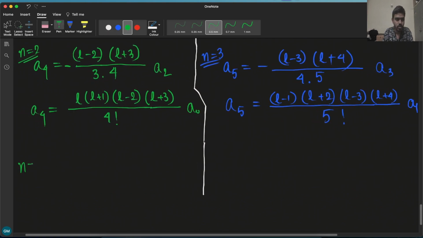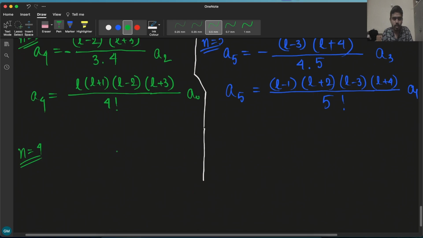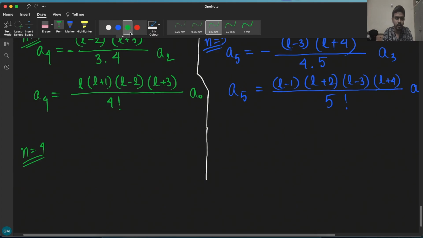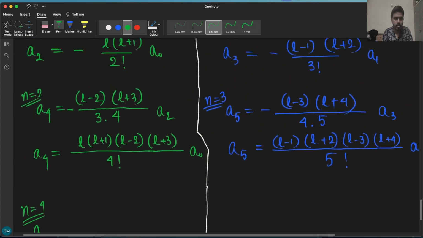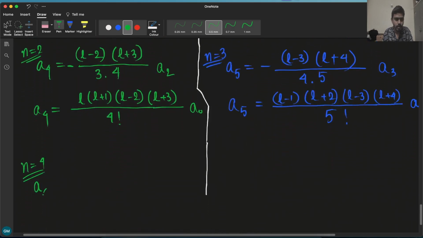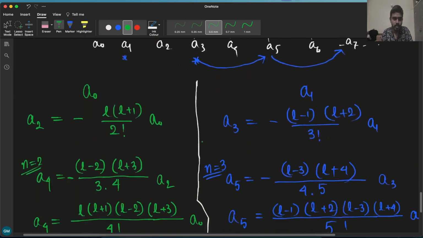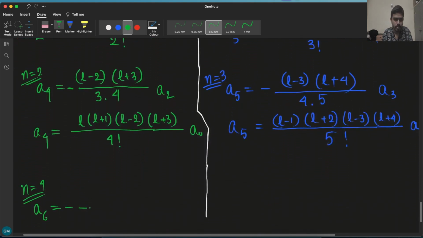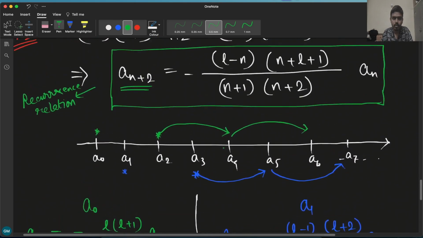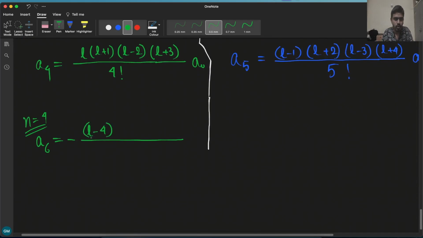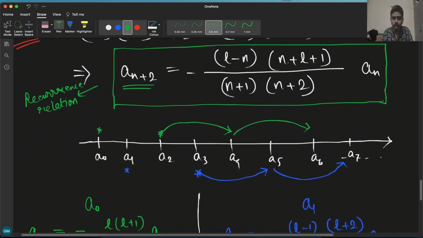So if I write n equals 4 in this recurrence relation, what you will see is a6. Okay, a6 equals minus l minus 4, then l plus 5, so n equals 4 plus 1, that is 5.